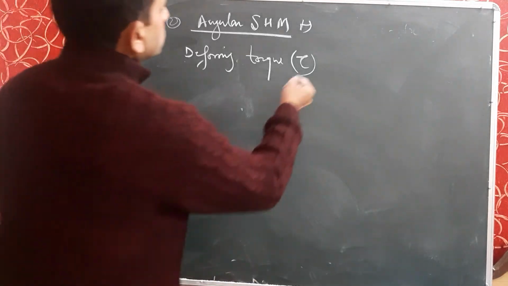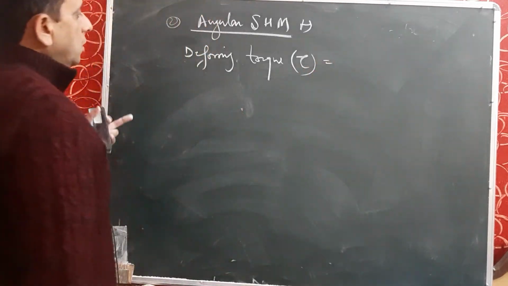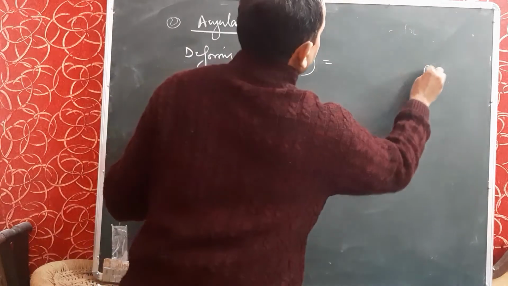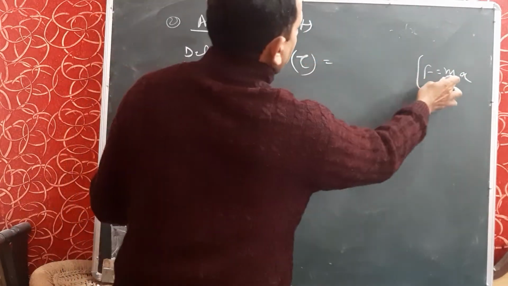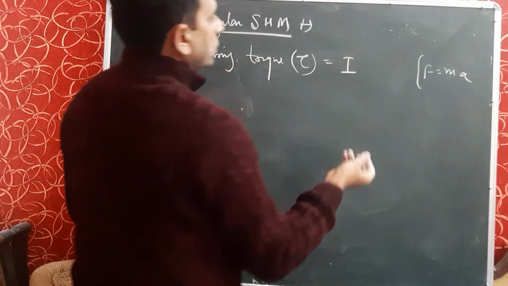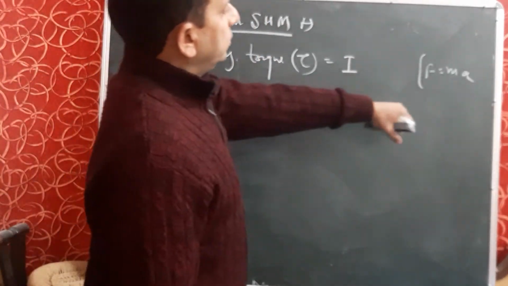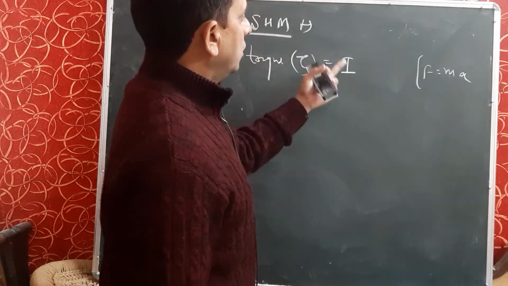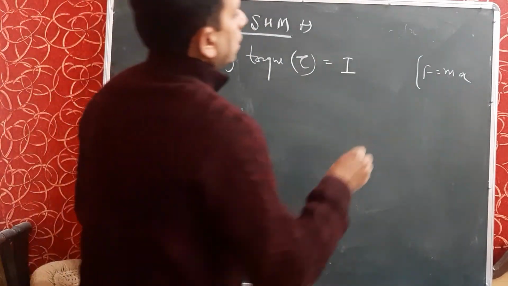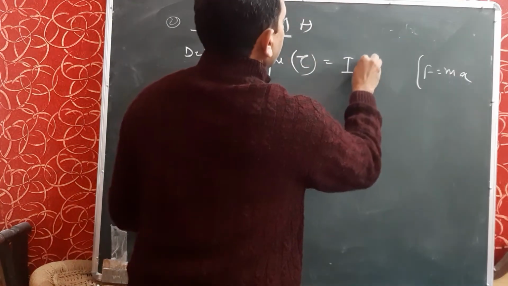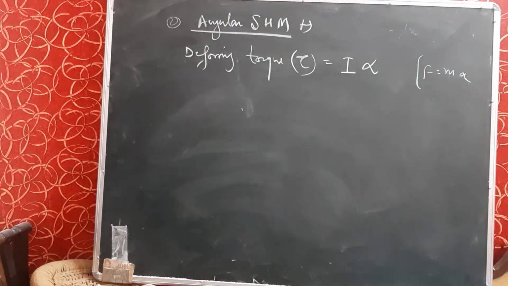So what is the deforming force? It is the same as before, as we know that F is equal to ma. So this torque is equal to inertia times acceleration. You know that there is an analogy of mass and moment of inertia, because inertia is used in place of mass in angular motion, and acceleration is alpha, the angular acceleration.